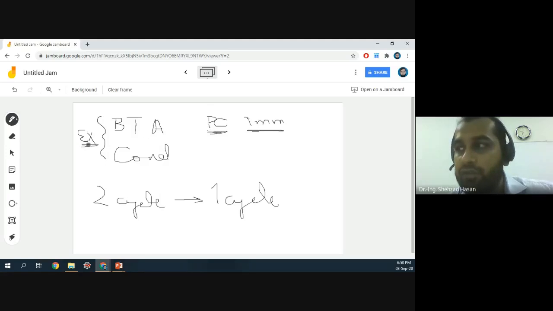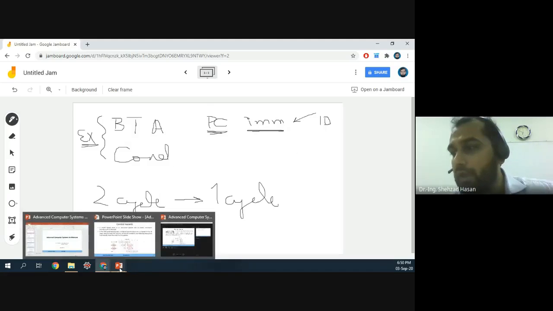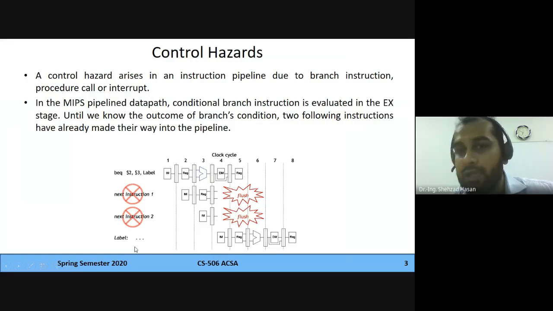So instead of execution, we can do this operation in the decode stage. Okay, so how is that done? What I'm talking about is that instead of doing the operation in the third cycle, the branch can calculate the target address in the second cycle, provided we have the right adder.